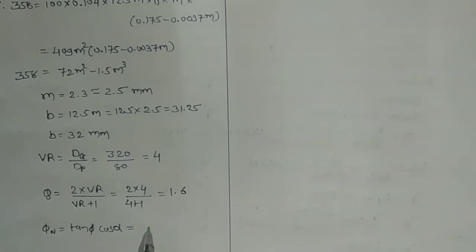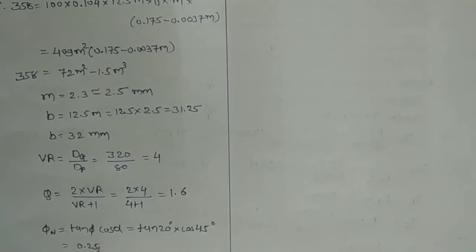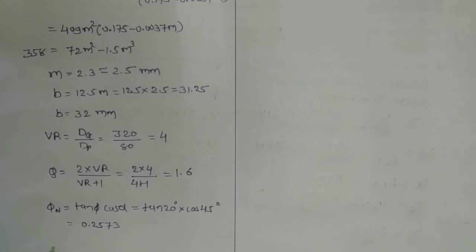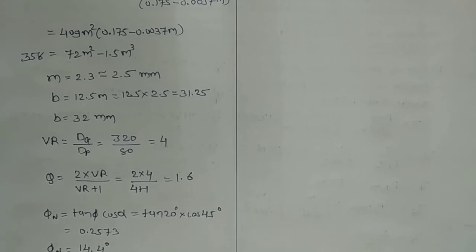So therefore tan 20 degree into cos 45 degree. So therefore phi n is equal to 0.2573. So therefore phi n is equal to 14.4 degree.